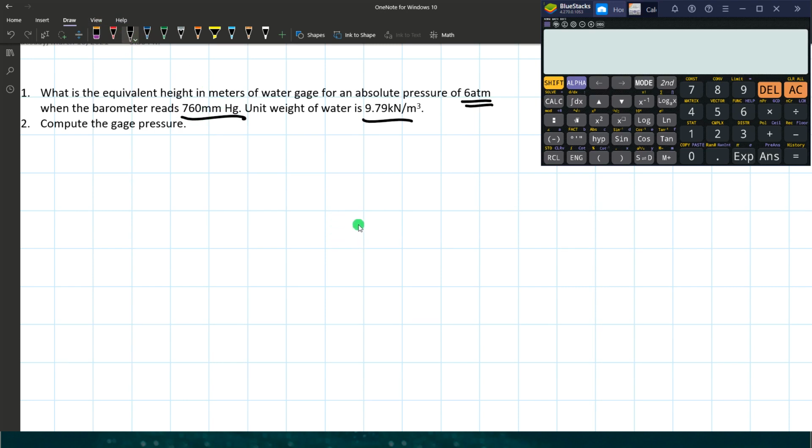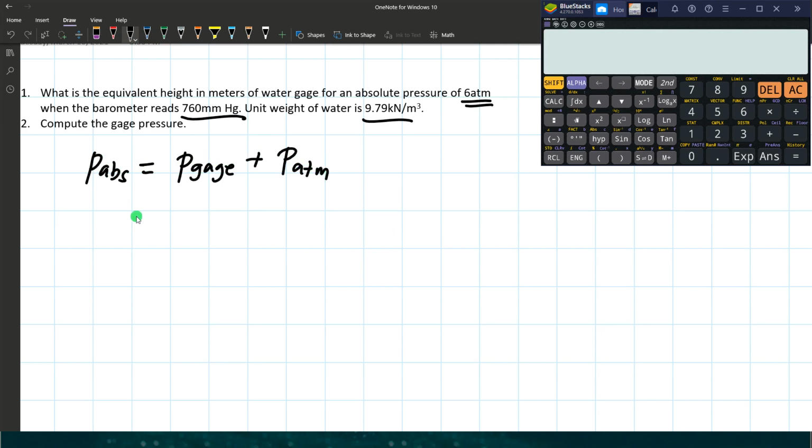So if we have here a given absolute pressure, just recall the solution in determining the absolute pressure, which is equal to the gauge pressure added to the atmospheric pressure.